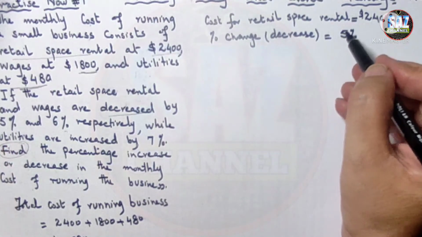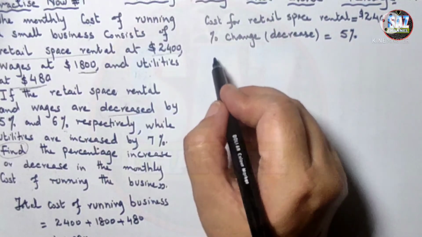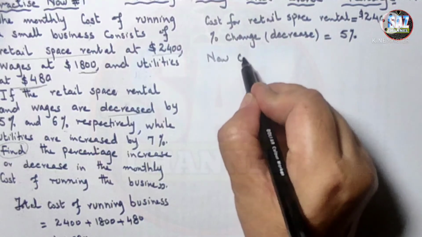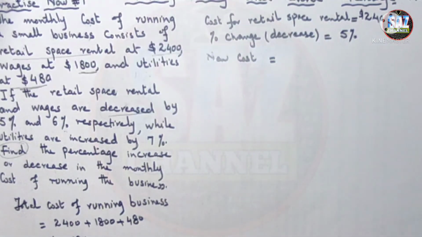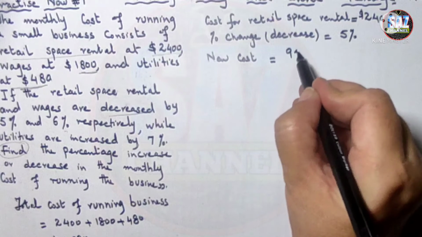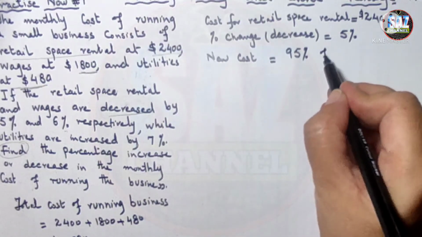So in order to get the new cost for retail space rental, as 5% has decreased, it means now we have to calculate 95% of 2,400.